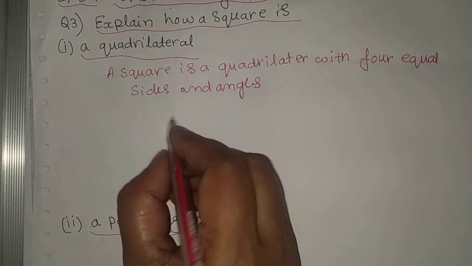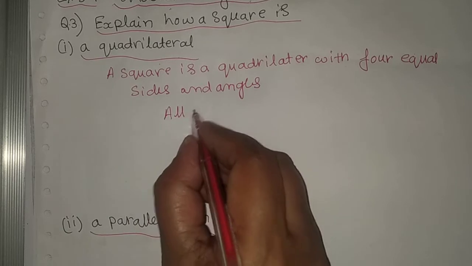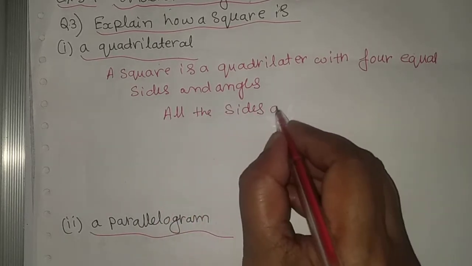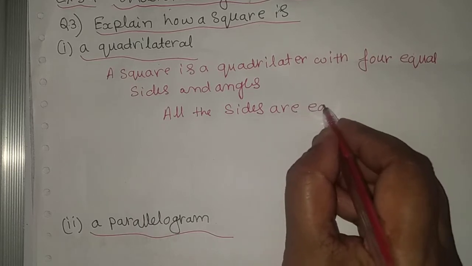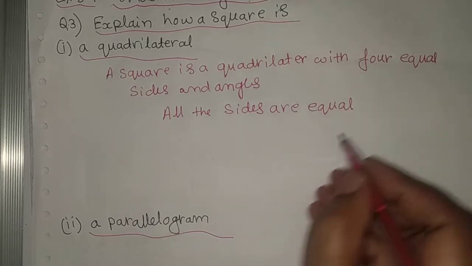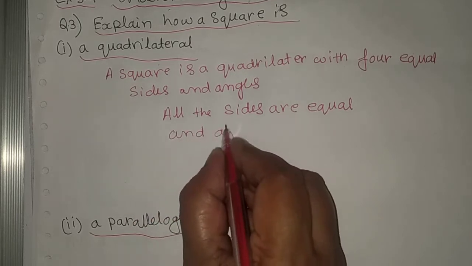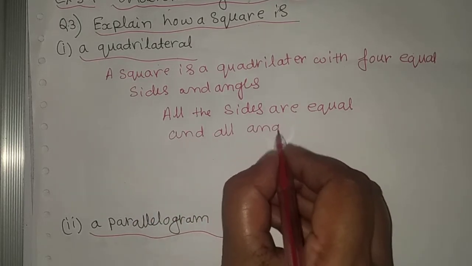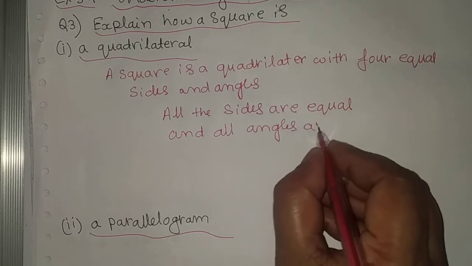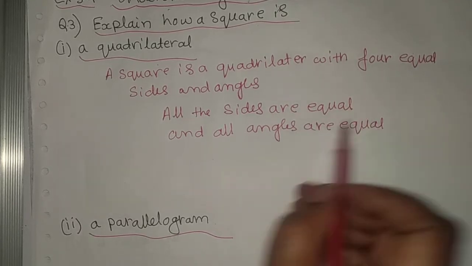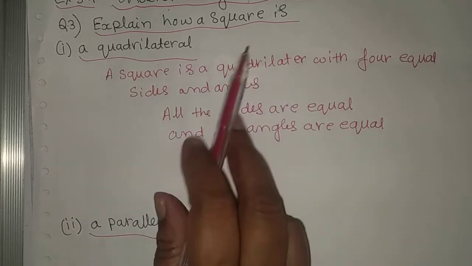So here all the angles are equal, all the sides are equal. So we can prove a square is a quadrilateral.